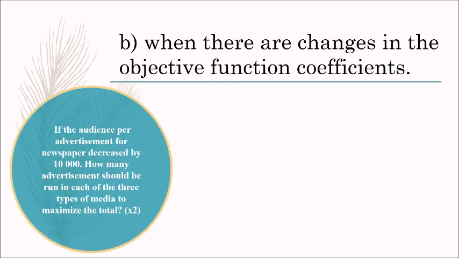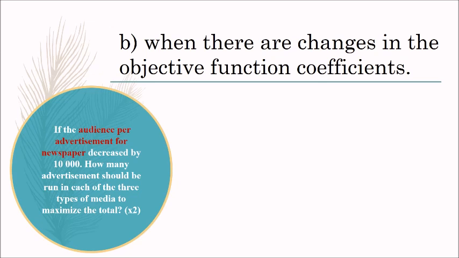Okay, now it's time for question 2 from the second case. If the audience per advertisement for newspaper decreases by 10,000, how many advertisements should be run in each of the three types of media to maximize the total?